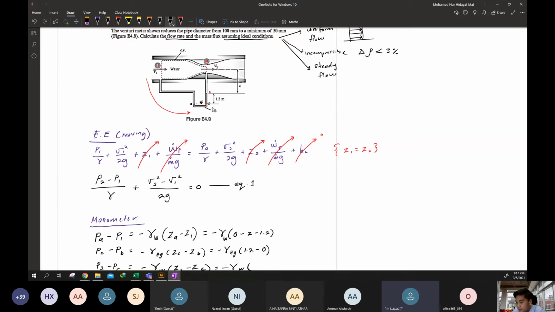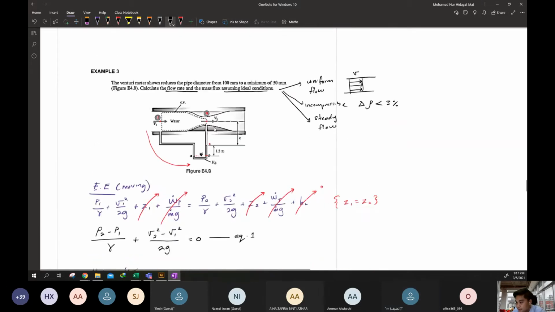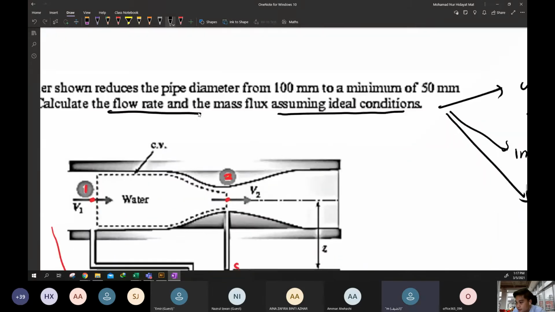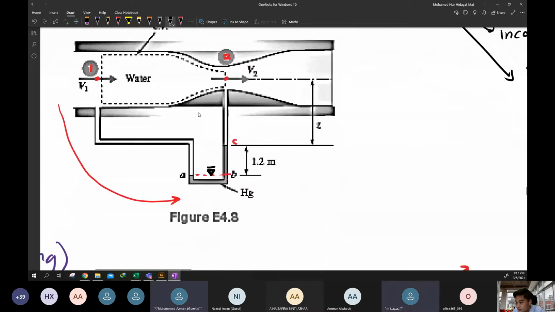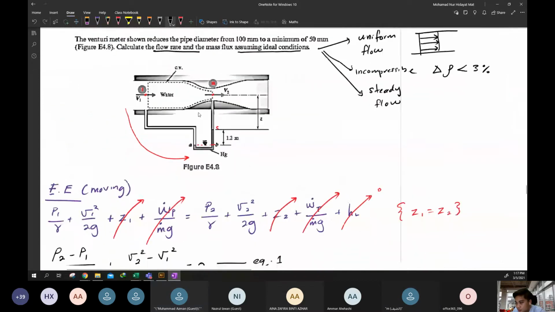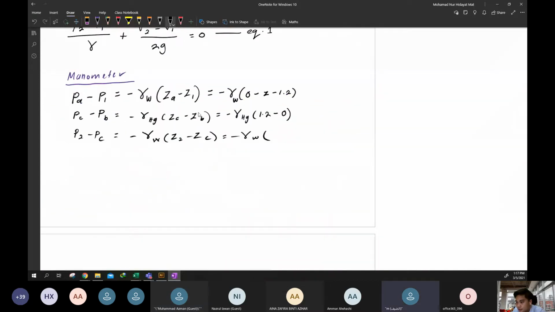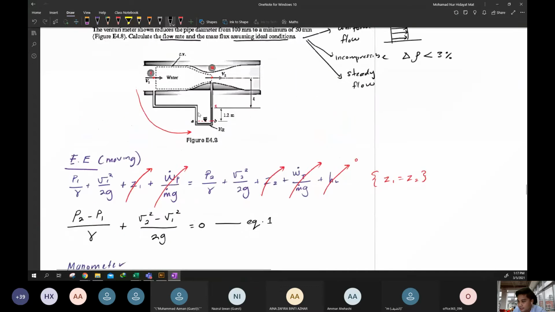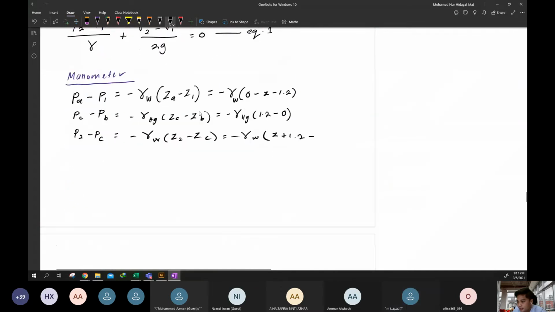Z. Where's your reference line? What is the value of Z_2? Z plus 1.2. Yes, Z_2 is Z plus 1.2. Okay, minus Z_C. What is the value of Z_C? 1.2.